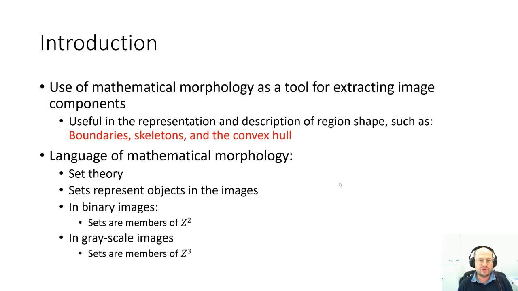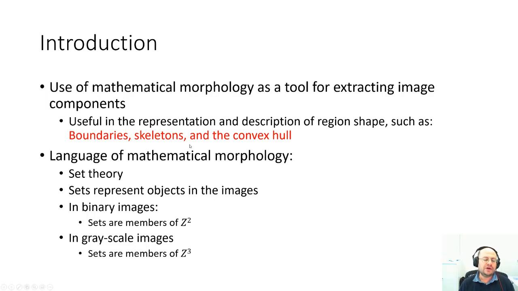The idea is to use mathematical morphology to extract some image features or image components. The idea is very basic and very powerful because we can compose and combine these morphological operators in a number of algorithms to extract boundaries, skeletons, and even to construct the convex hulls of sets of points.